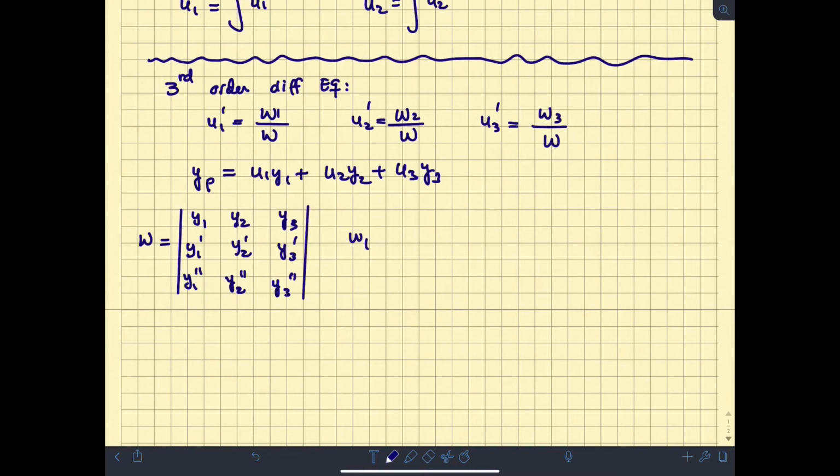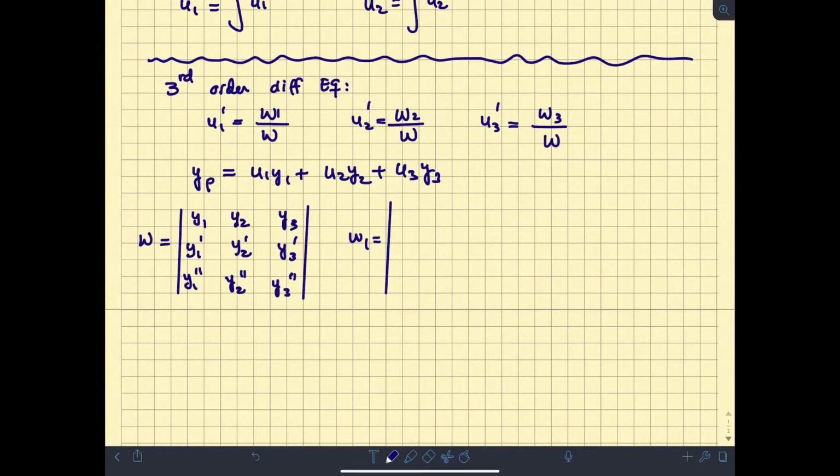Your W1 will be, remember, it's always the opposite of the number, so you have to keep column 2 and column 3 the same, except the first one.